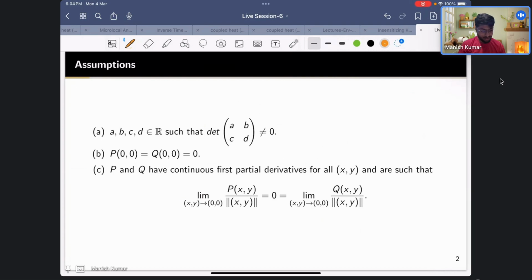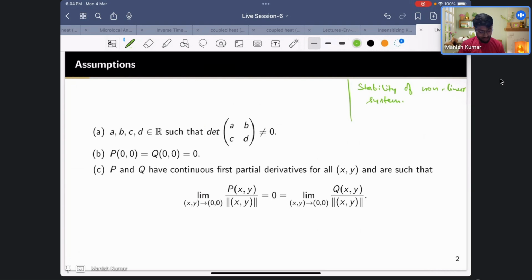These are certain assumptions that we made. You remember we also studied stability, whether the equilibrium point is asymptotically stable or unstable. For the stability of a nonlinear system, we used linearization, and looking at the stability of the equilibrium point for the linearized system, we concluded something for the nonlinear system.